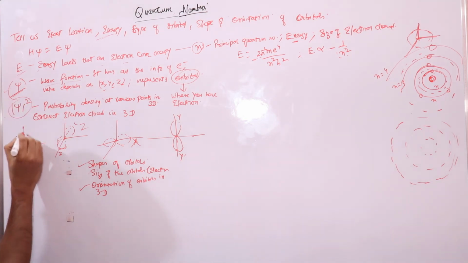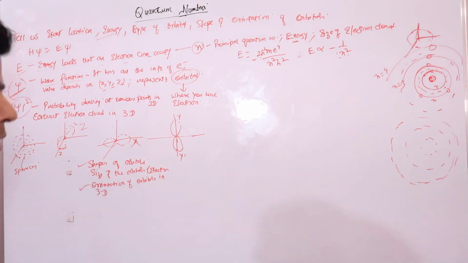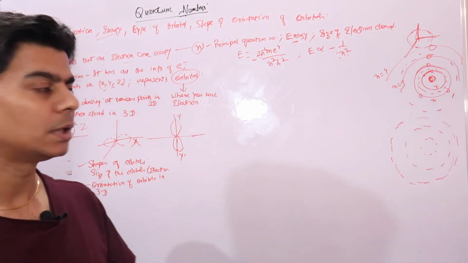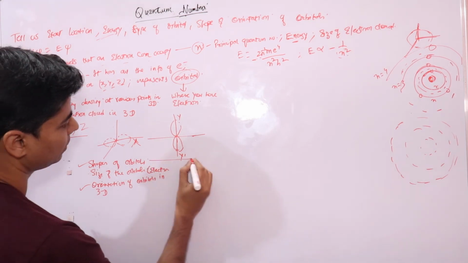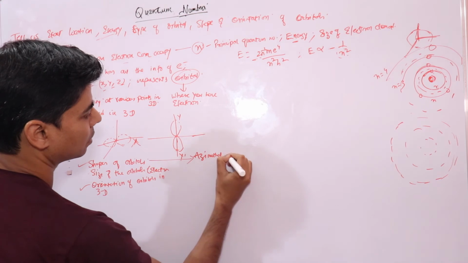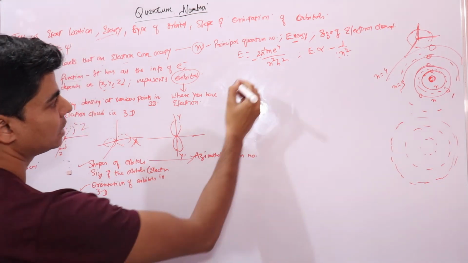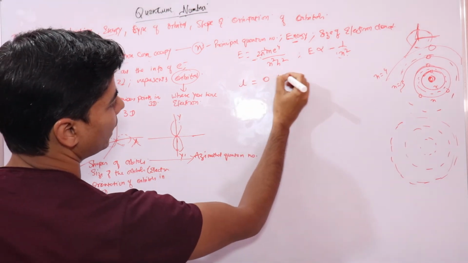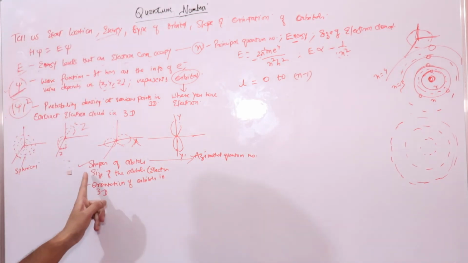The shape of the orbitals is given by another quantum number called the azimuthal quantum number, denoted by L. Its value is 0 to n minus 1. It tells us about the shapes of the orbitals.